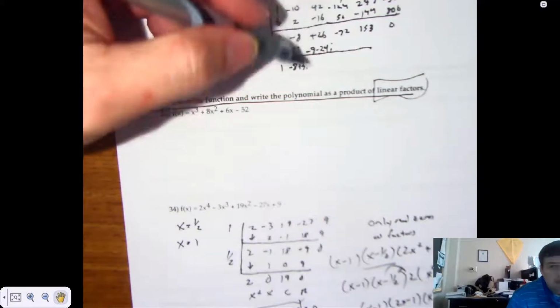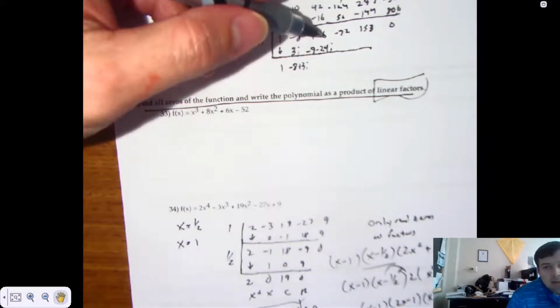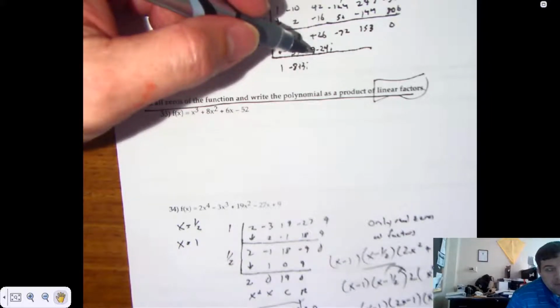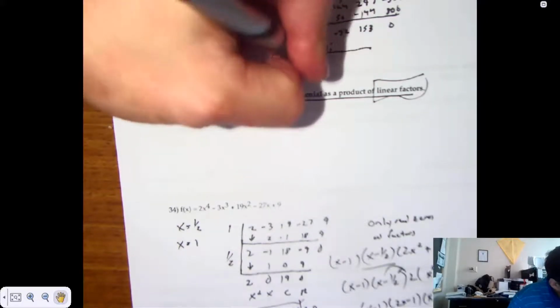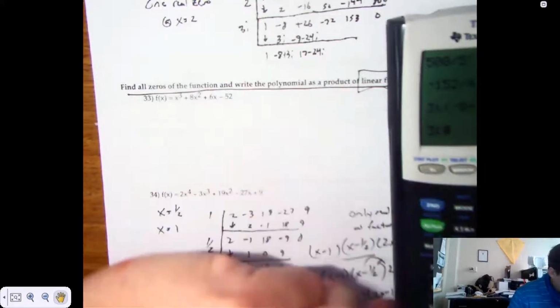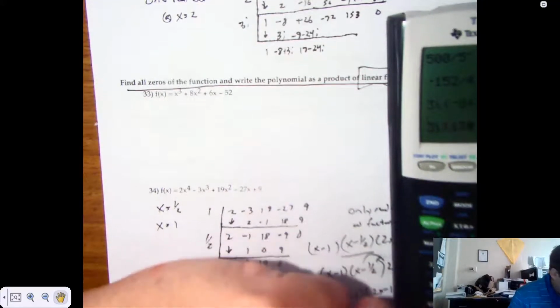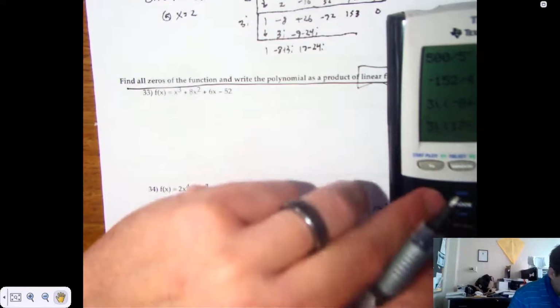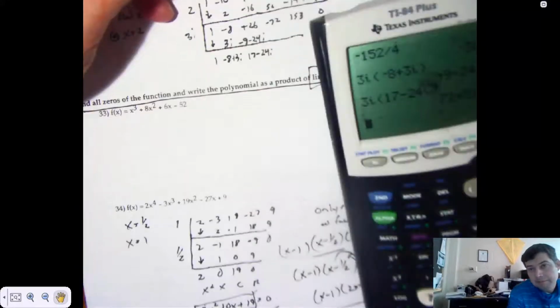Remember, we add down. So 26 plus a negative 9 should be 17. 17 minus 24i. And I repeat, 3i times 17 minus 24i is 72 plus 51i.